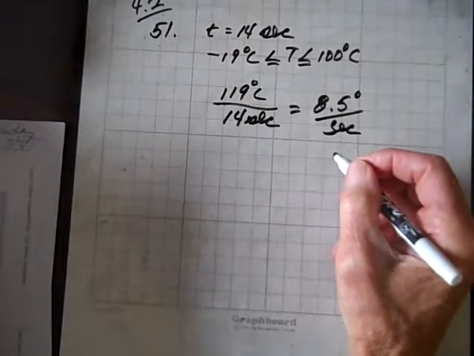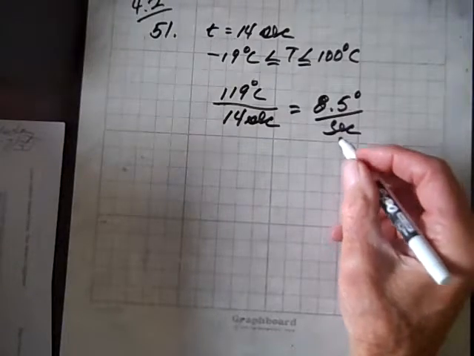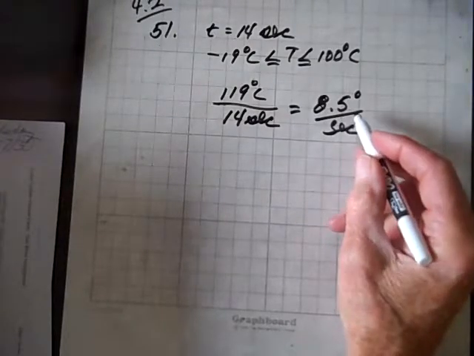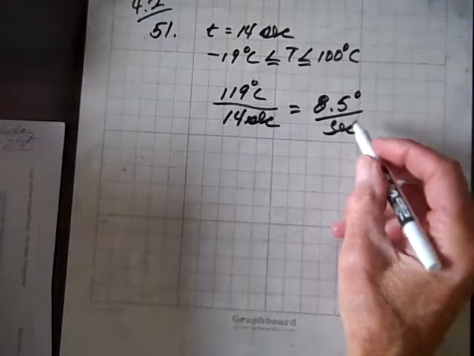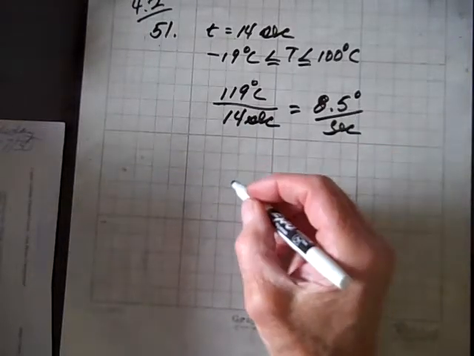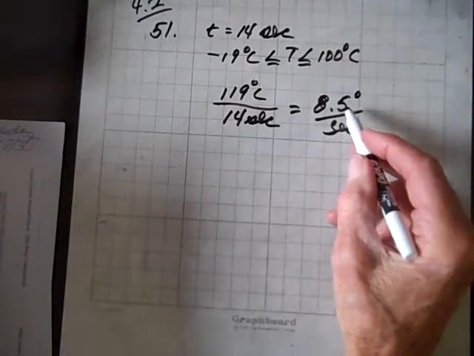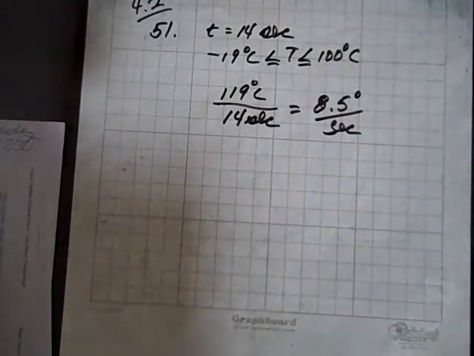So we just showed that somewhere along the way the mercury was rising at 8.5 degrees per second. Now, it may not have been all the way, it may have gone slower than faster, but the average was anyhow 8.5 degrees per second. And we're done.